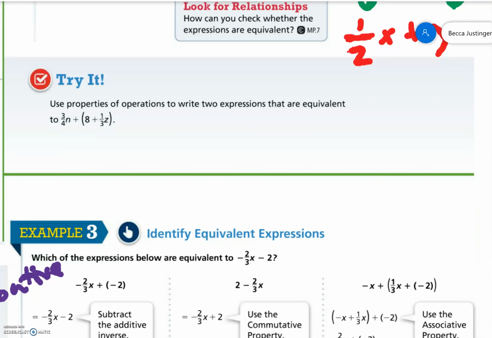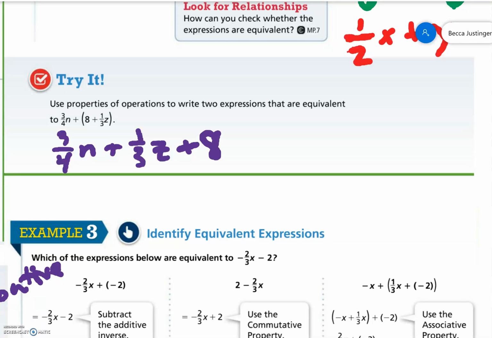Try it. Use properties of operations to write two expressions that are equivalent. Okay, so first we can use the commutative property and change the order. So I'm just going to change the order around and maybe write it as 3/4 n plus 1/3 z plus 8.